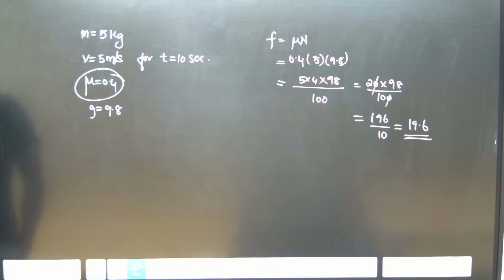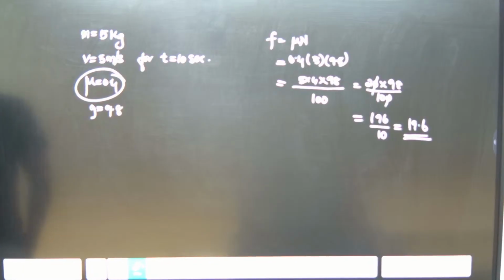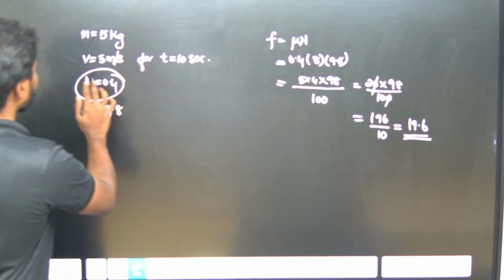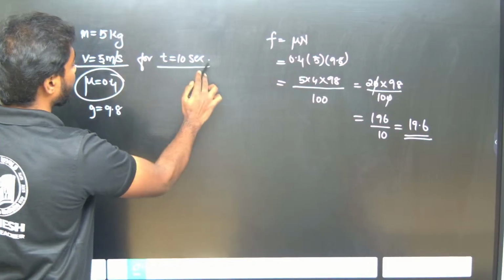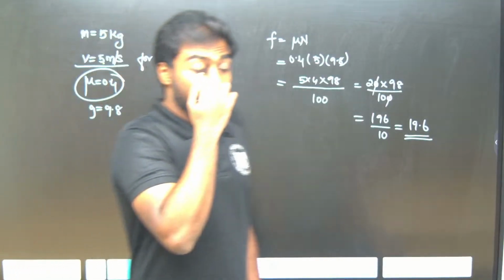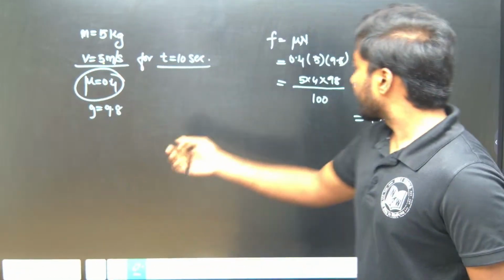Now what should I do? They have given v equals 5 meter per second, t equals 10 seconds. Many of you may have a doubt: sir, you got the force value, what about the displacement?